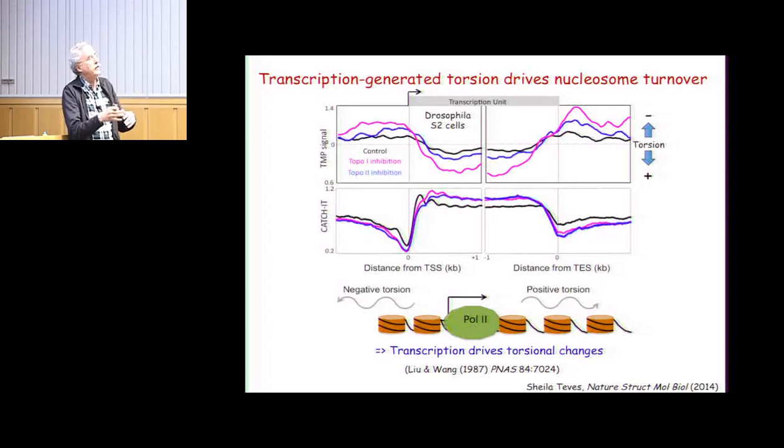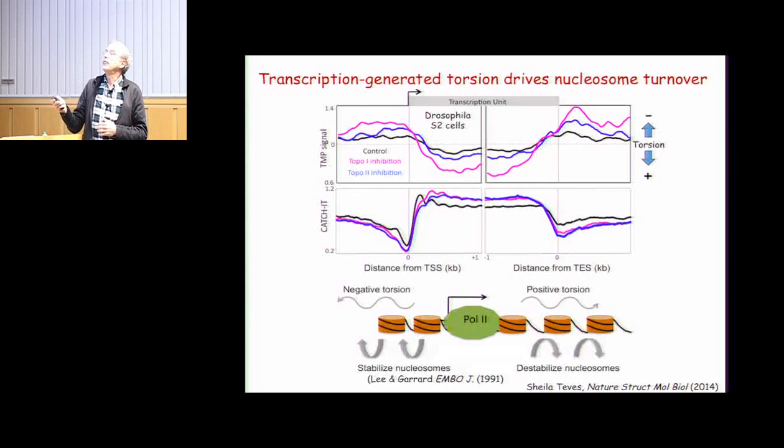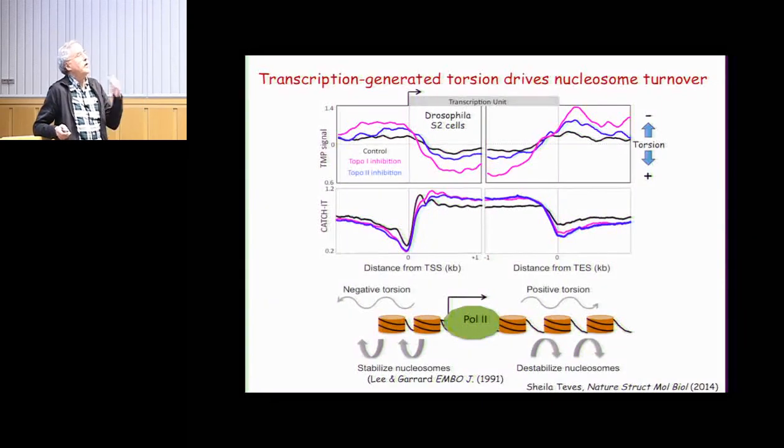So it relieves the torsion in a very different way, but we see basically the same kind of result. What this implies is that when polymerase goes through, it forces positive torsion that destabilizes nucleosomes downstream and stabilizes them upstream, something Bill Gerard had actually shown in yeast on supercoils a long time ago, but we're seeing this in general over the Drosophila genome.